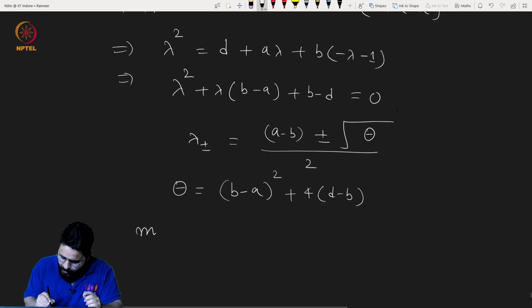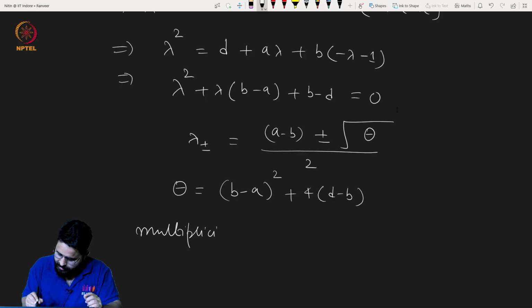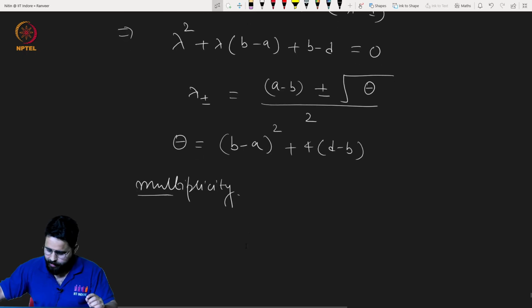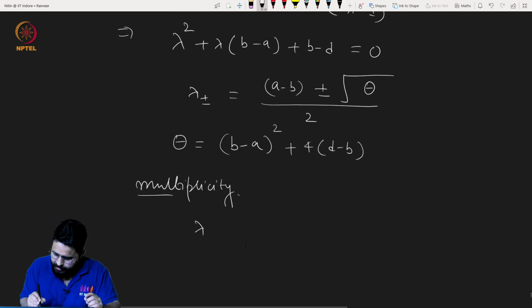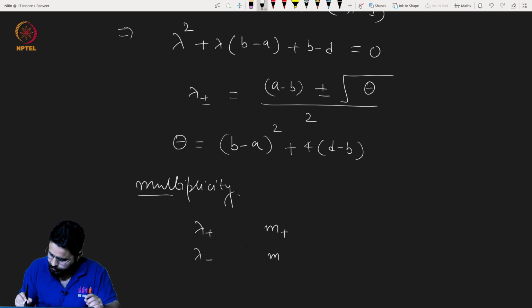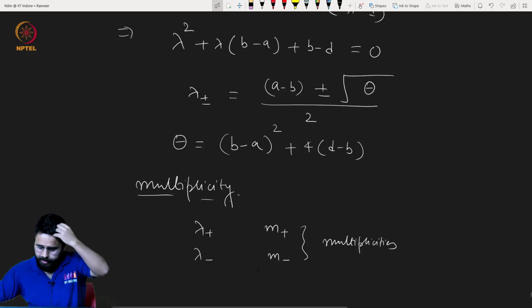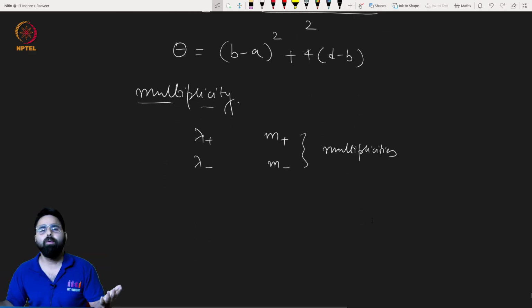Multiplicity. Okay, so suppose lambda plus has multiplicity m plus, and lambda minus has multiplicity m minus. So these are multiplicities. Okay, so how to find them?